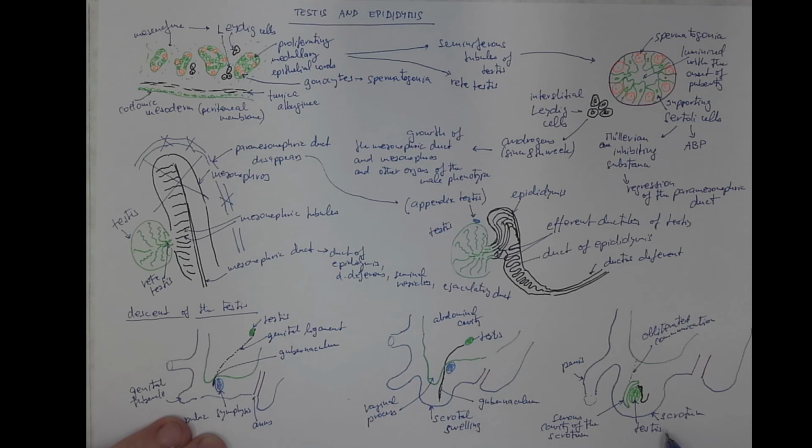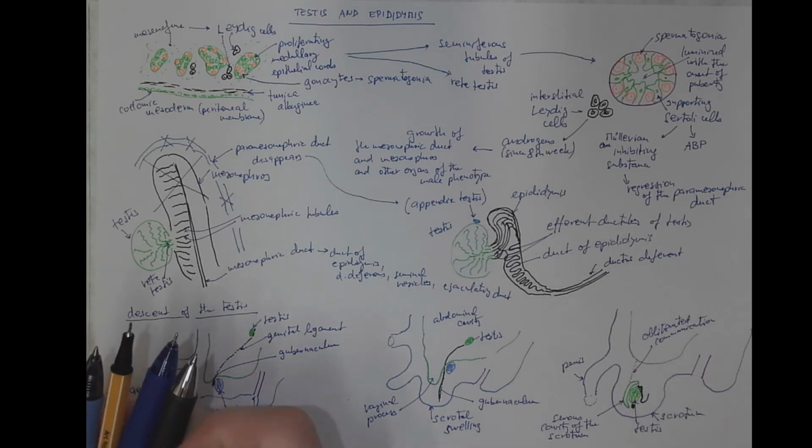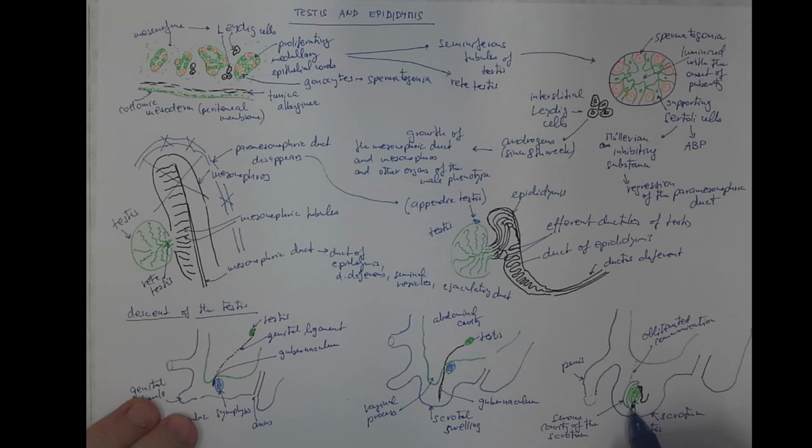Now, the presence of the testis in the scrotum is routinely checked when a male newborn infant is born. The rest of the gubernaculum is known as the scrotal ligament. Sorry, the spelling here is scrotal ligament.